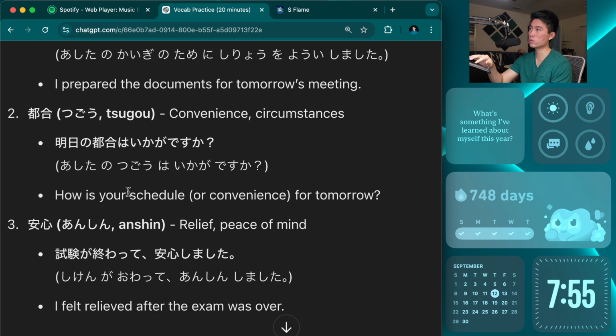Okay, here's 都合. 明日の都合はいかがですか? 都合 means convenience or circumstances. How is your schedule or convenience for tomorrow? It's kind of hard to understand.